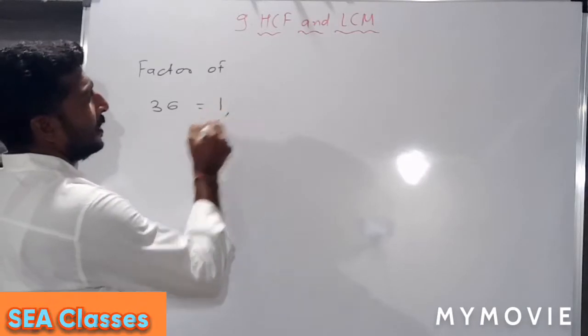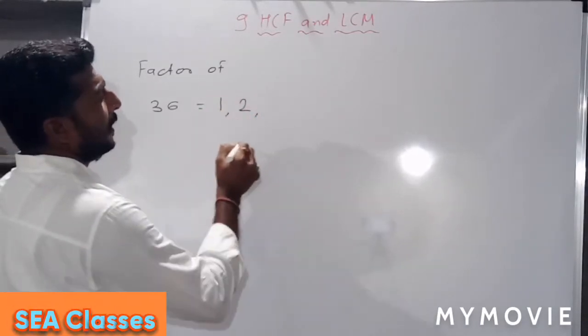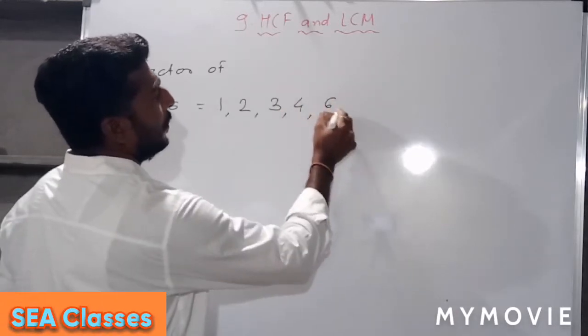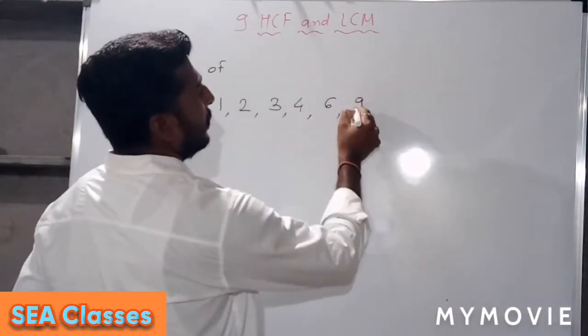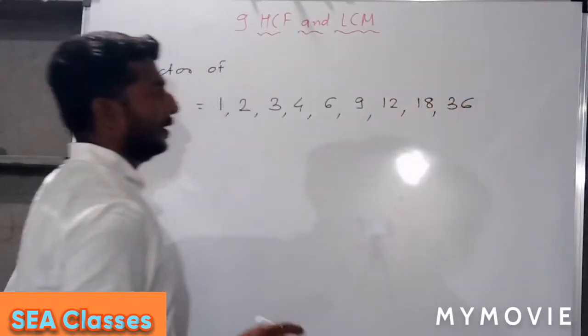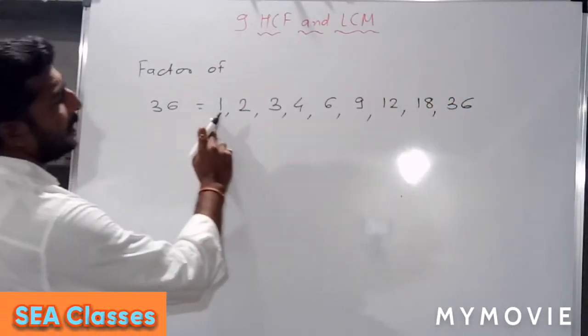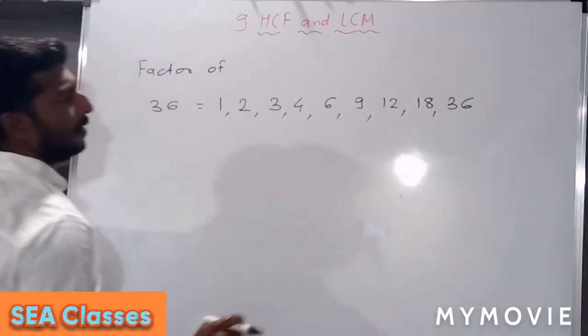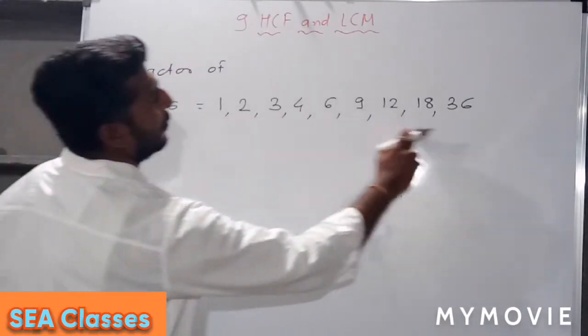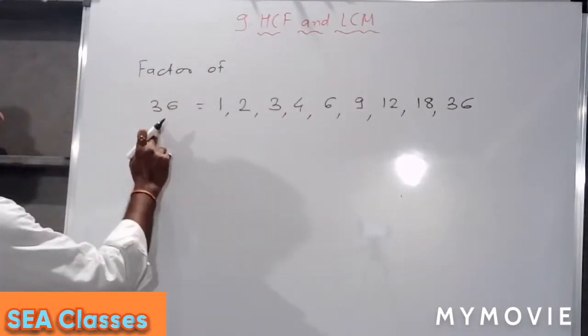You can divide 36 by 1, 2, 3, 4, 6, 9, 12, 18 and 36. So these are all factors of 36.